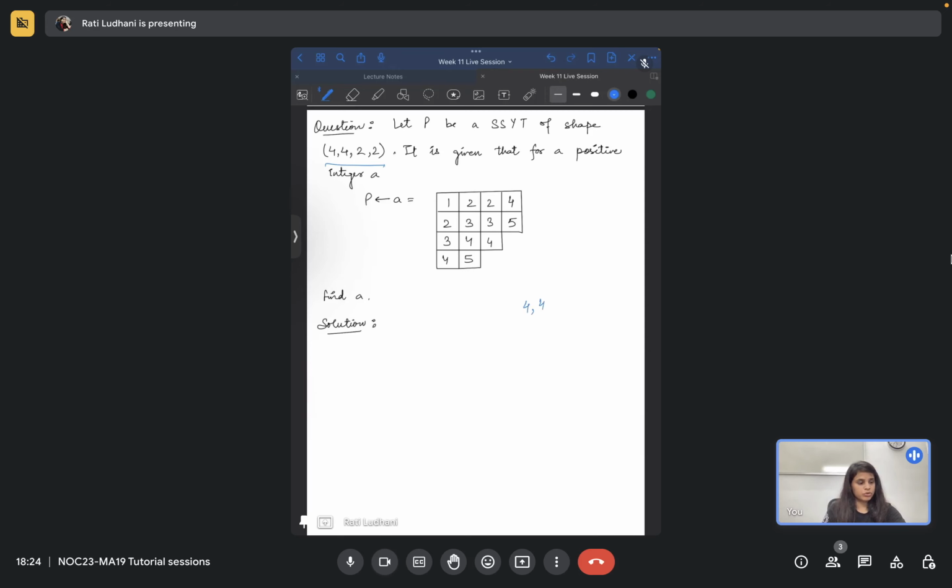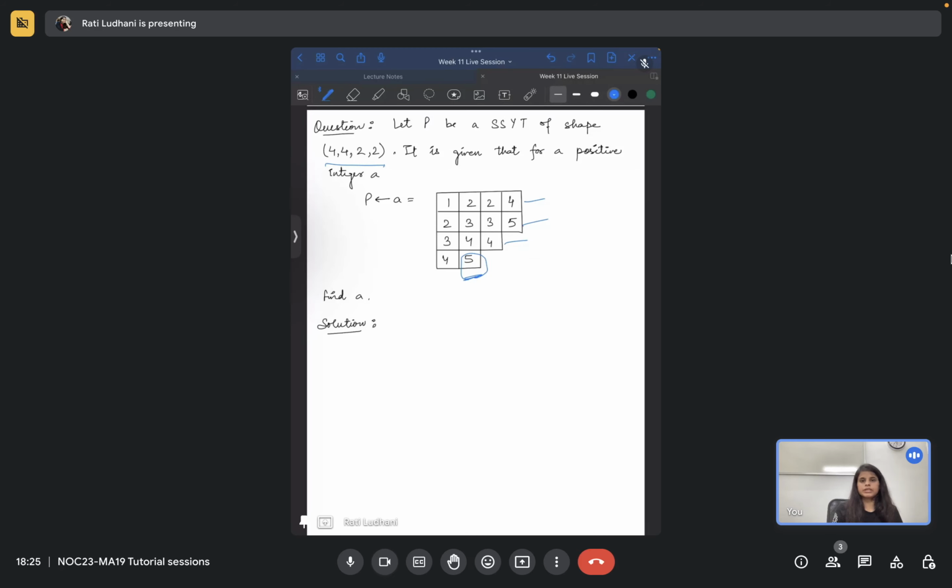For example, 4422 is also okay. P could have been 4431, right? So this is like 443 and 1, maybe this box is here. So we don't know that. Whenever it is given that P inserted by A is this, then you must know what exactly P is. Only then can you find A.